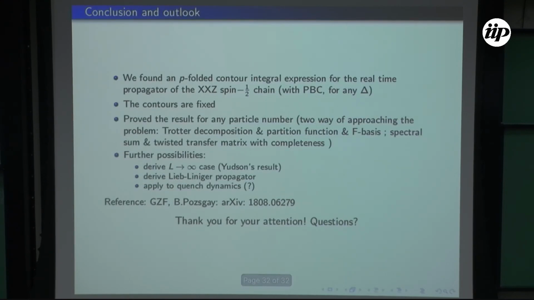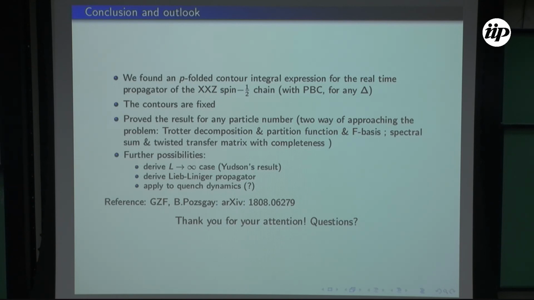And with this, I would like to conclude. What we computed is a contour integral formula for the spin-1/2 XXZ chain with periodic boundary conditions. So it's finite volume, and it's on fixed contours, and there are basically two approaches we used to prove this formula.